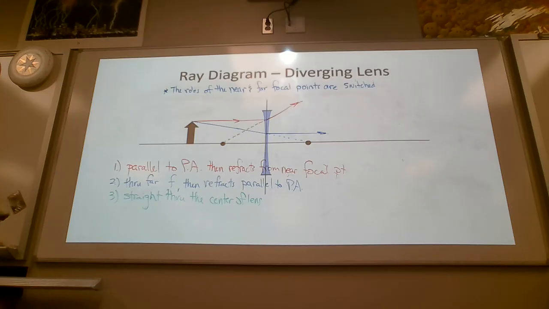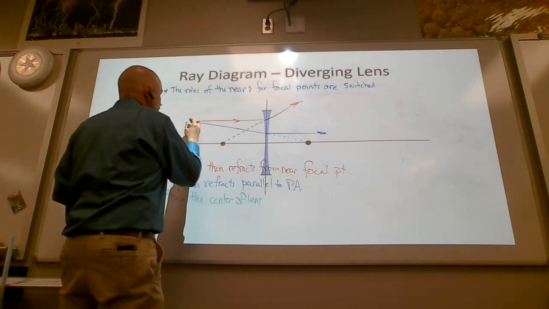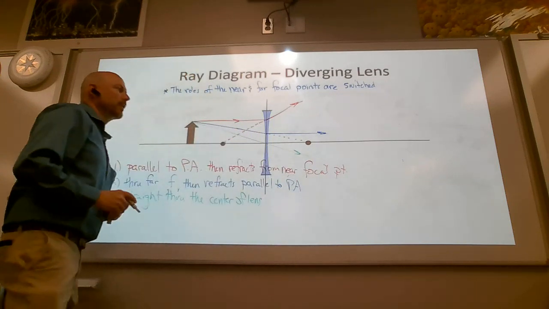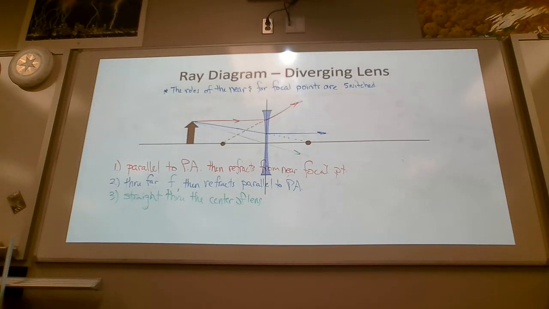Last one. Easy peasy. Goes through the center. The light rays cross. Nope. So what do we need to do?